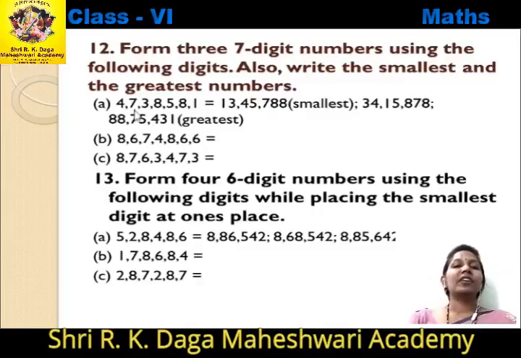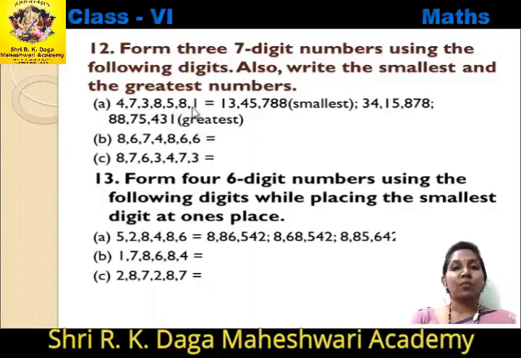In question number 12, form 3 7-digit numbers using the following digits. Also write the smallest and the greatest number. You have given 7 digits. You have to arrange them to form new numbers. You have to write 3 new numbers from them, one of which should be smallest and one of which should be greatest. Now the 7 digits are 4, 7, 3, 8, 5, 8, 1.